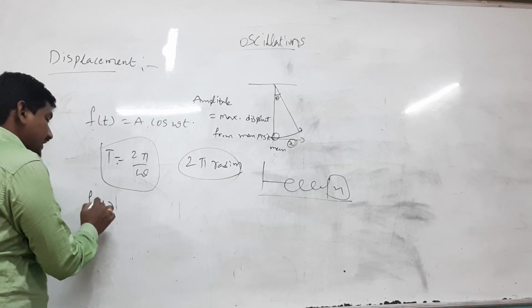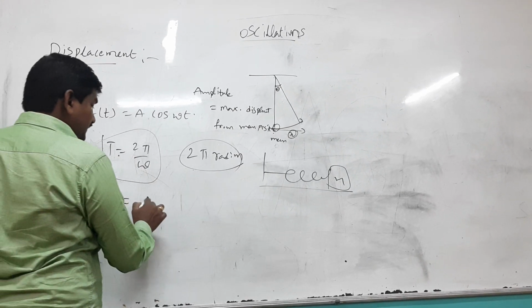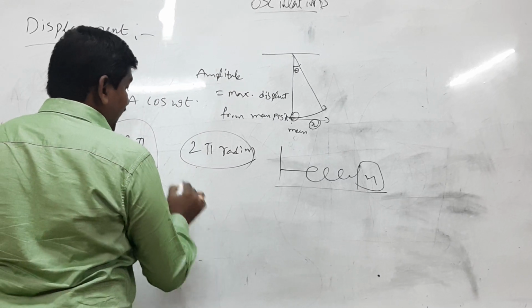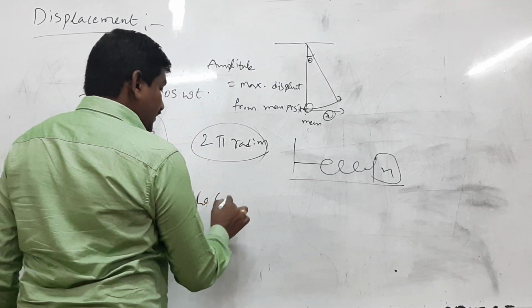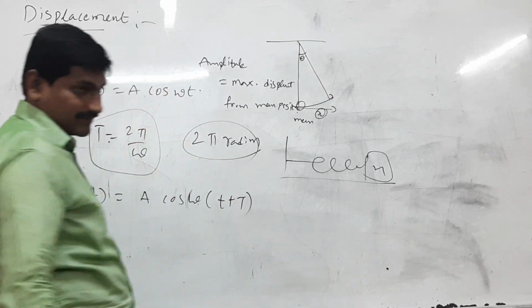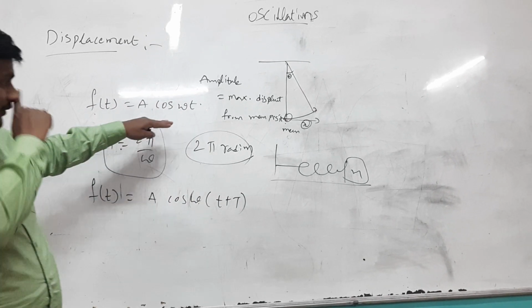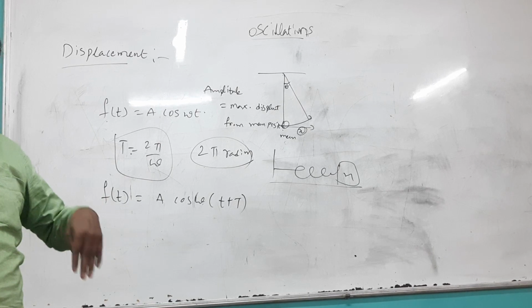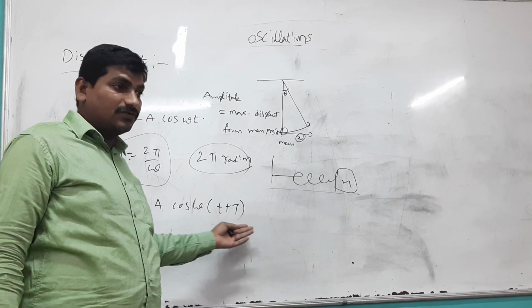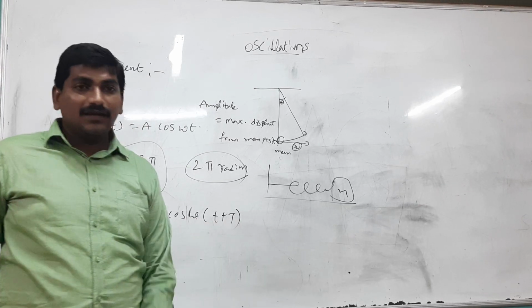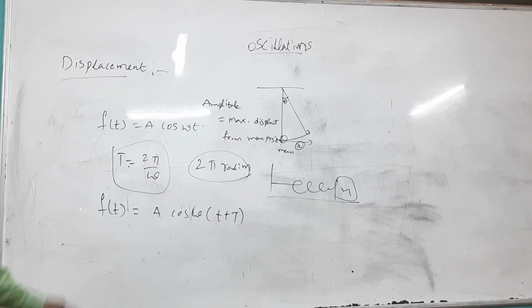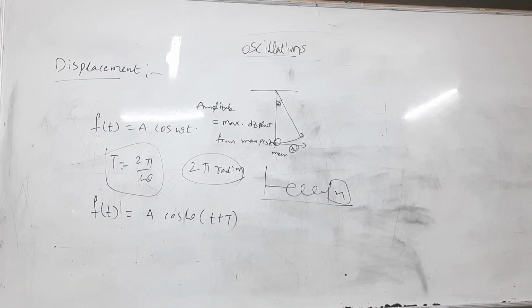If the time period has increased or changed, I write omega times t plus capital T. That means the initial position at cos omega t, the changed position with respect to time is also changed, no? So cos omega of t plus T: the periodic equation has changed.